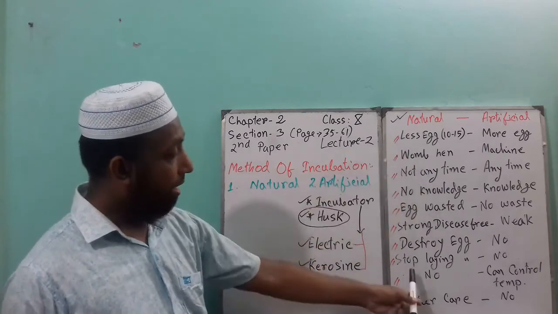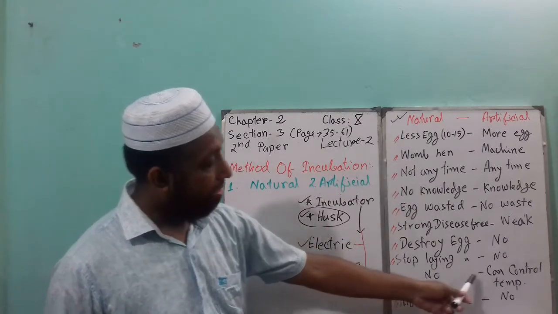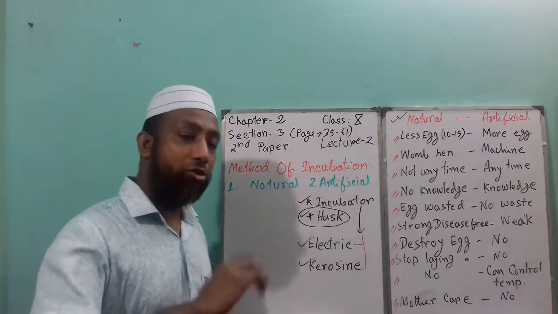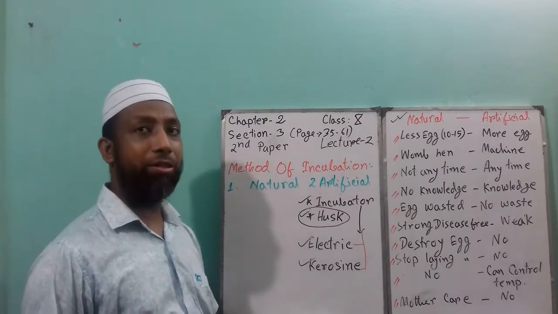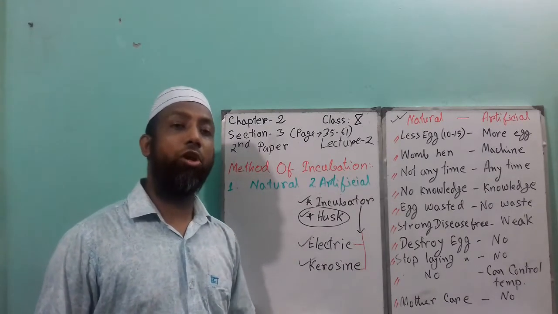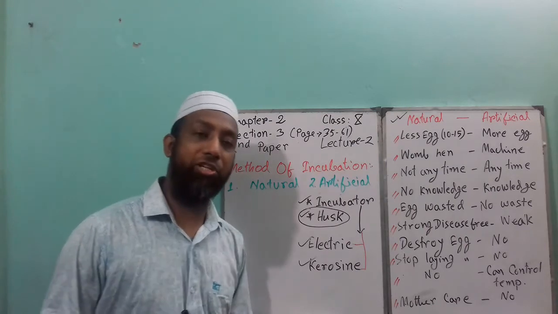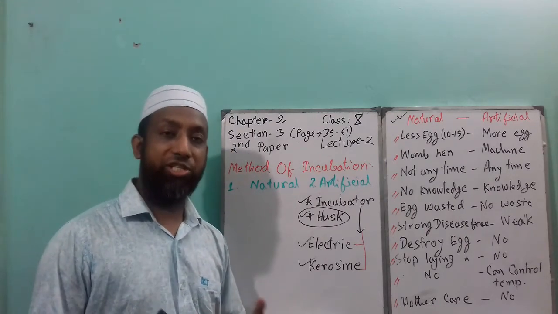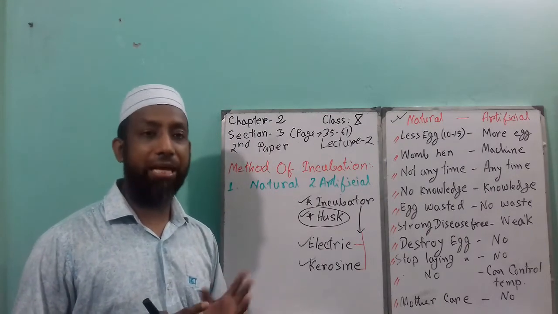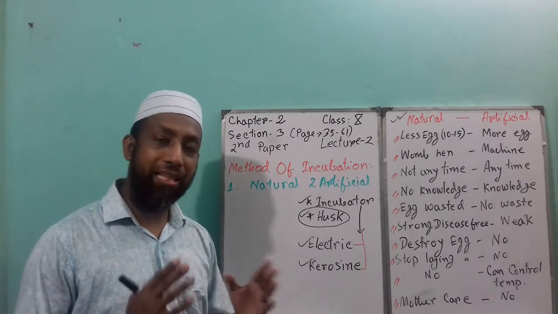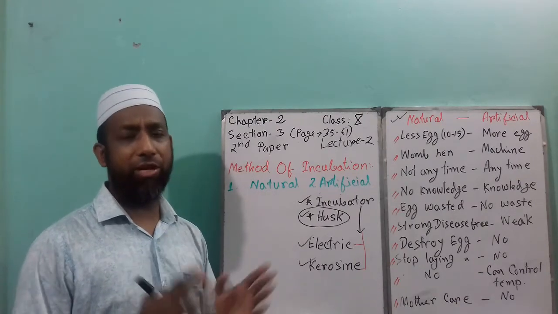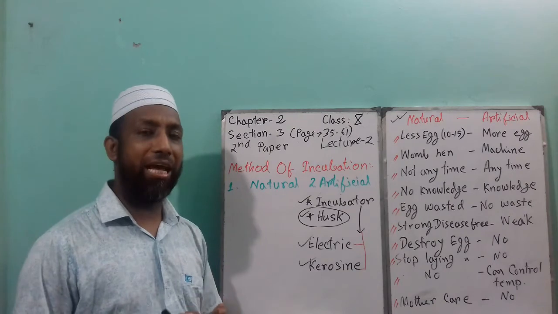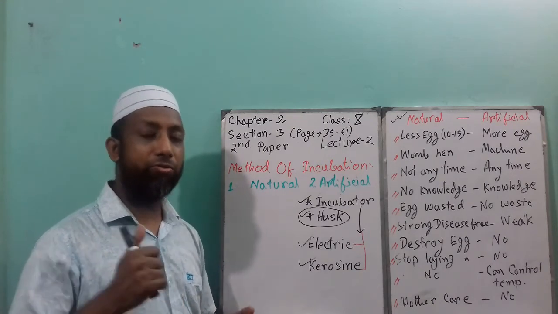Next point is, we can control temperature. I told you before, in the artificial method we can control everything like temperature, moisture, day, time, and cleaning the machine, everything with the help of electricity.